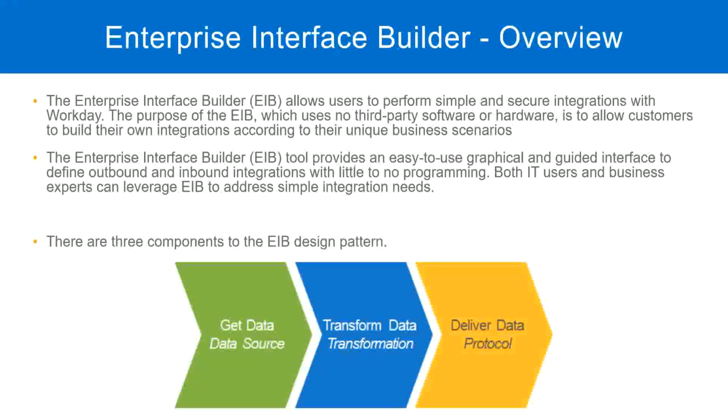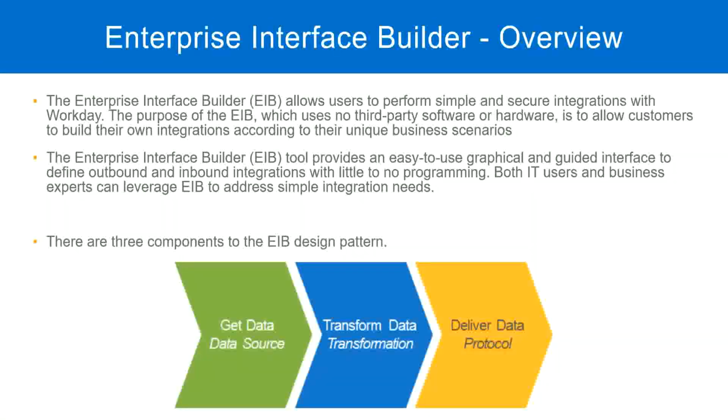The second step would be to modify the data, or translate the data, or transform the data into a format expected by the recipient. Isn't it? You have to convert it to a format expected by the recipient. That is transform data. The third step will be to send the data to the recipient or to deliver the data.